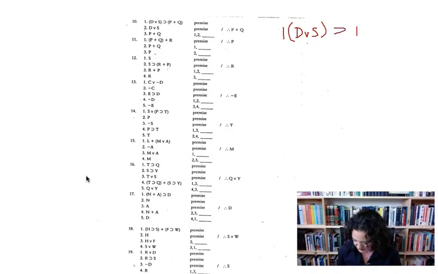D or S, then P and Q. Okay, D or S, then P and Q. That's the first premise. The second premise says D or S, and then the conclusion, line 3, says P and Q.